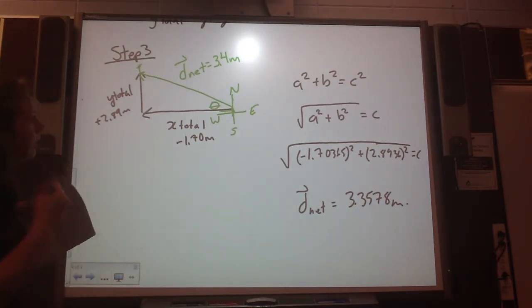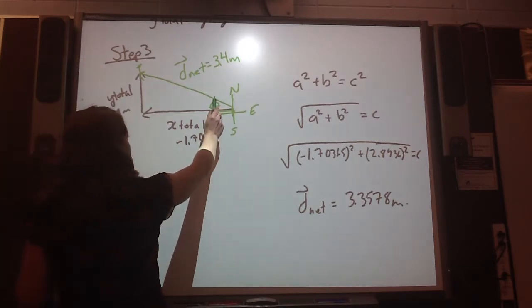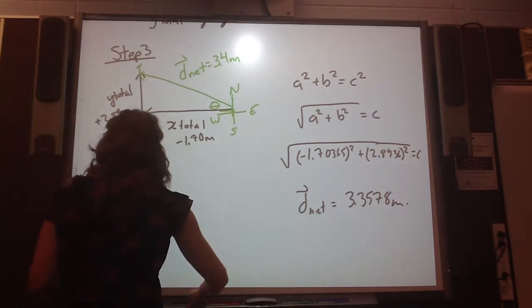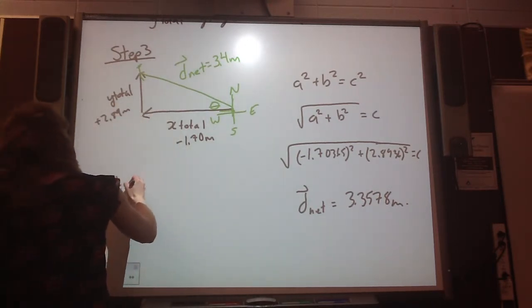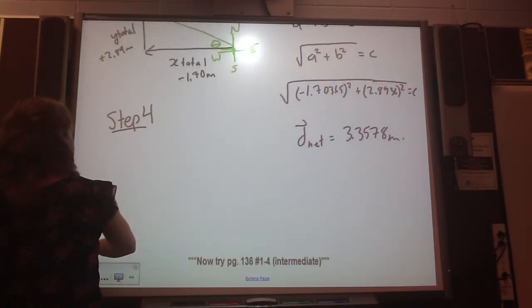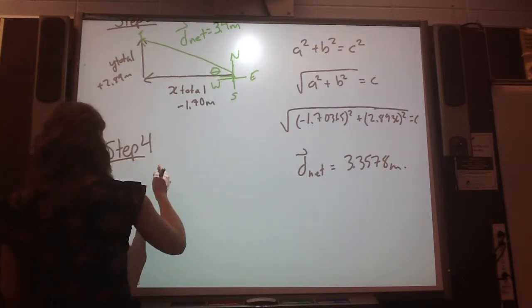But now I still need the direction. And the direction is given by my theta. Well, so I need to do step 4. So step 4 is to find that theta.